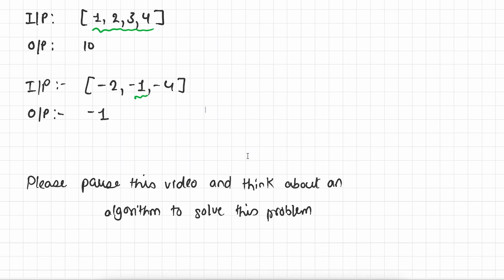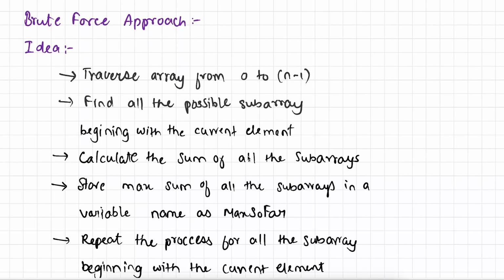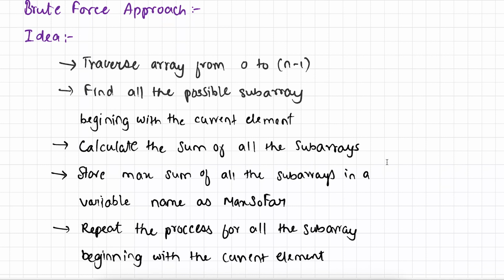So let's pause this video and think about an algorithm to solve this problem. Alright, by now I hope you would have written at least a basic program to solve this problem. So let's talk about the brute force approach first. The idea is pretty simple. We simply traverse the array from 0 to n-1, and for each element we find all the possible subarrays beginning with the current element.